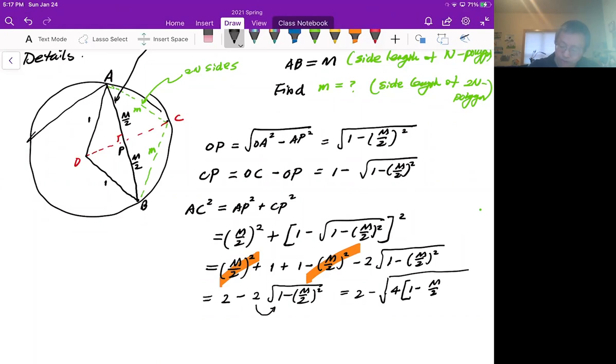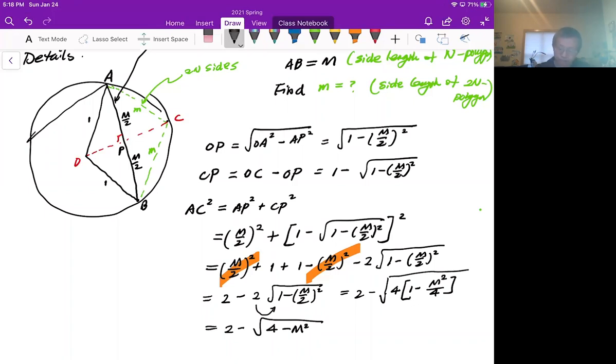M over 2 squared, let me do that, is just M squared over 4. So that is actually 2 minus the square root of 4 minus M squared. So far, so good. Everybody's okay?